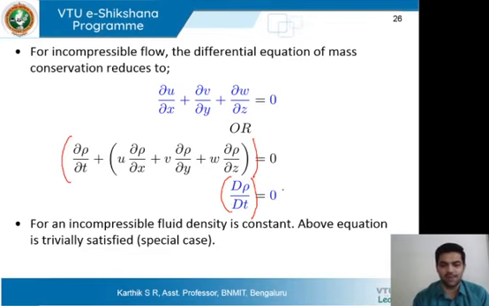So this will also become equal to 0. So for an incompressible flow situation, these two will be satisfied. For an incompressible fluid, since density is constant, the above equation is trivially satisfied. So it is already satisfied if your fluid is an incompressible fluid.